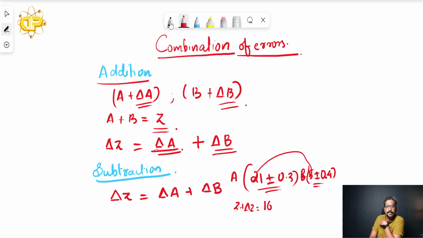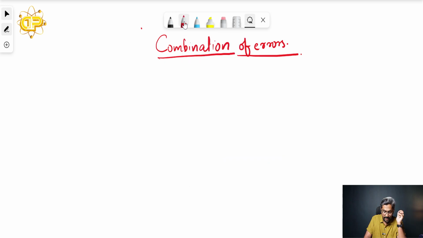Yes, 16 plus 5 is 21. So here, plus or minus: don't subtract the 0.3 and 0.4. Simply add. We are adding the absolute errors of the individual readings, that is 0.3 plus 0.4, which is 0.7. This will be the answer. So don't make mistakes here.